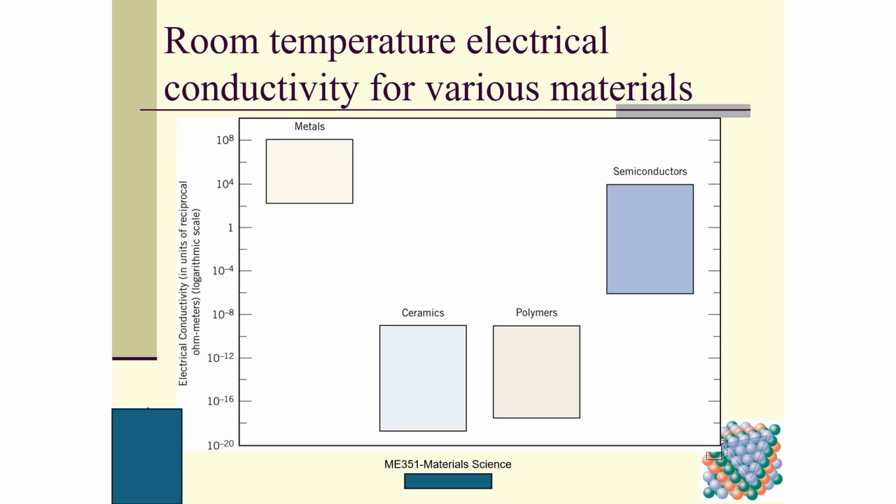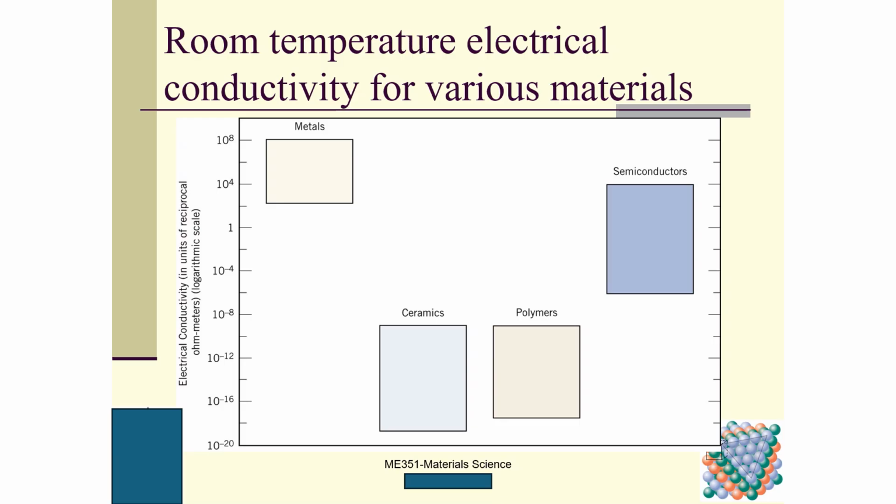So here is the electrical conductivity for different materials. We know that metals are very good conductors of electricity. And we also know semiconductors, right? The semiconductors are a different kind of material that is between the metal and the ceramic.